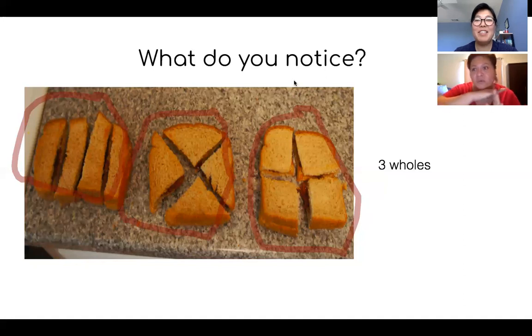Perpendicular lines, or you can say they are in 4 quadrants, vertical and horizontal.